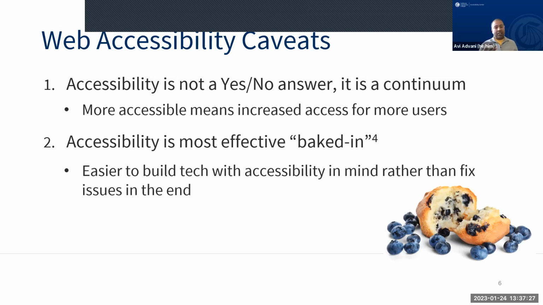Think of accessibility as the blueberries in a blueberry muffin. Now, when you're making a blueberry muffin, are you including the blueberries in with the batter before you bake the muffin? Or are you baking a plain muffin and then stuffing the blueberries in at the end after it's been baked? Not sure about you all, but I prefer my blueberries baked in, and therefore accessibility is more delicious or easier to use when it is baked in.